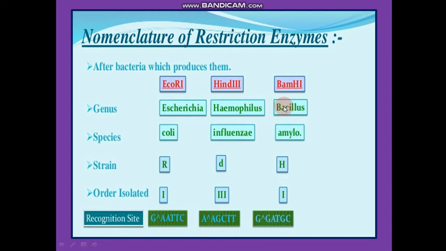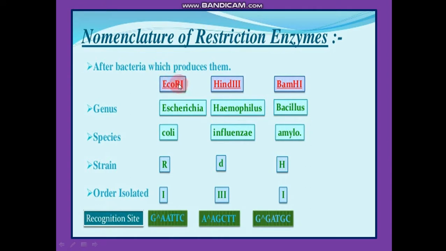BAM comes from Bacillus amyloliquefaciens. The first letter will give you the genus of the bacteria from which it is extracted. The next 2 letters, like CO, will give you the species of that particular genus from which the restriction enzyme has been extracted.